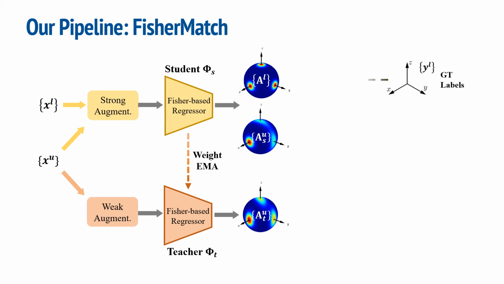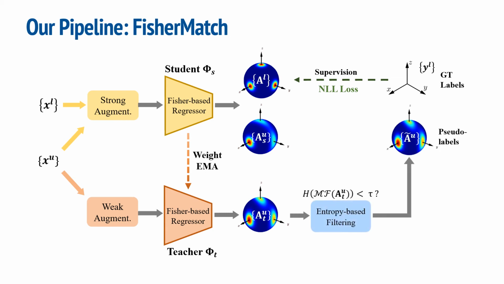For labeled data, the student network is trained by the ground truth labels with the supervised loss. While for unlabeled data, the predictions of the teacher model first go through our proposed entropy-based filtering mechanism, and the confident predictions will serve as pseudo labels. To enforce loss between distributions, we use CE or NLL loss.